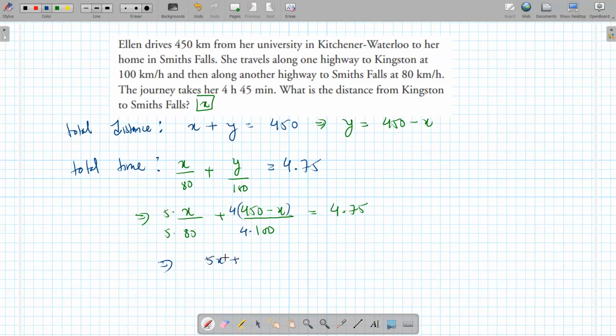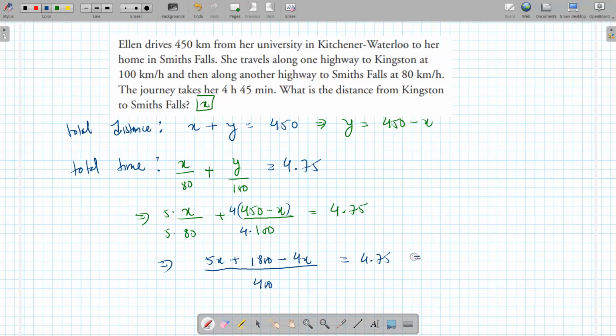5x plus 450 times 4, I think, is 1800. Minus 4x like that. And in the denominator, you have 400 equals 4.75. Whenever you have a fraction, just take the LCD. What do we do next? Multiply by 400.